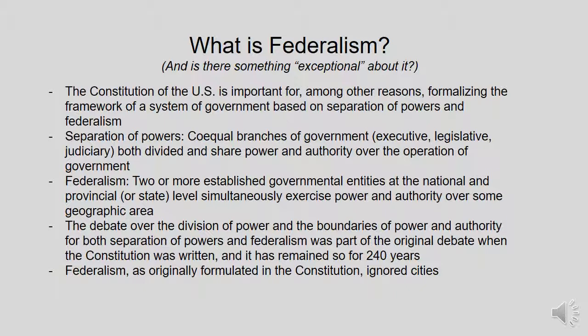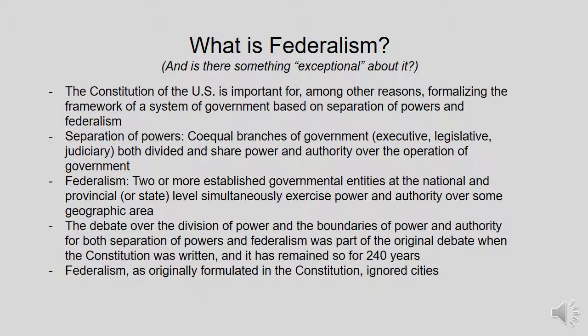And so the second support of the framework is federalism. Federalism just means that 2 or more established governmental entities, usually at the national and the provincial or what we call state level, simultaneously exercise power and authority over some geographic area, right?